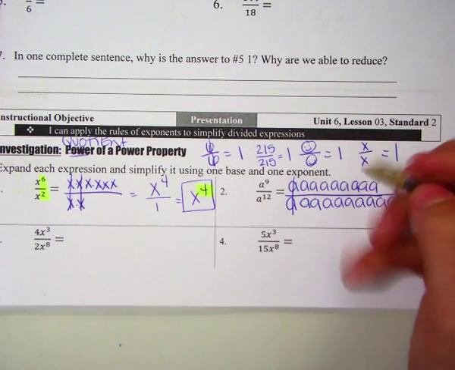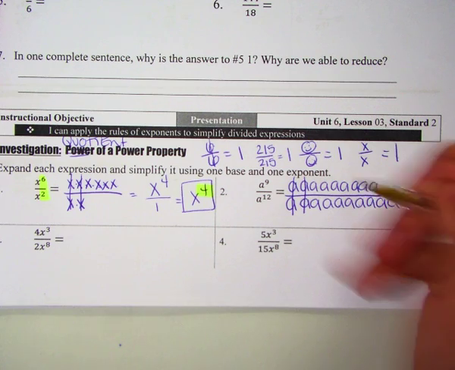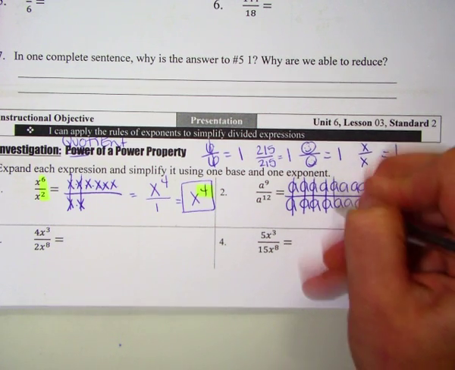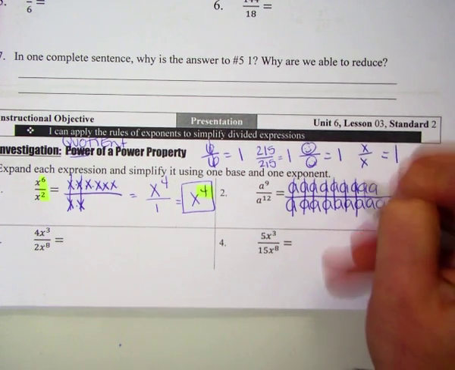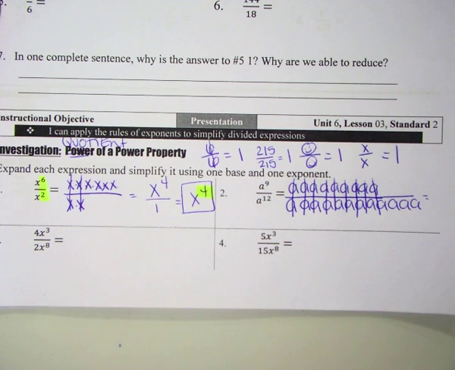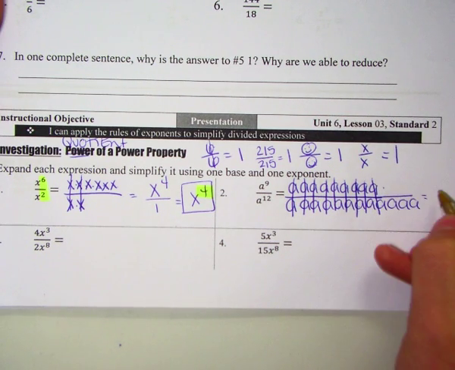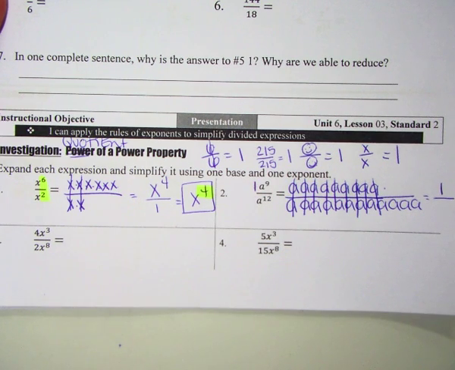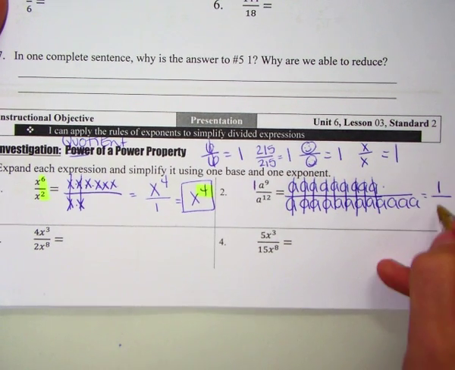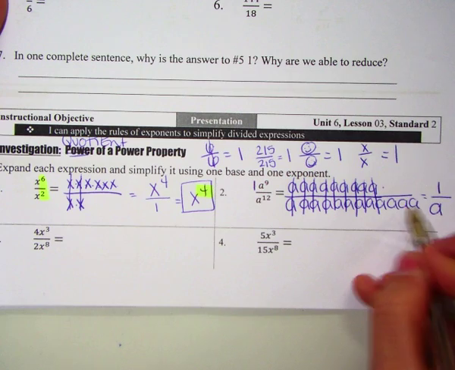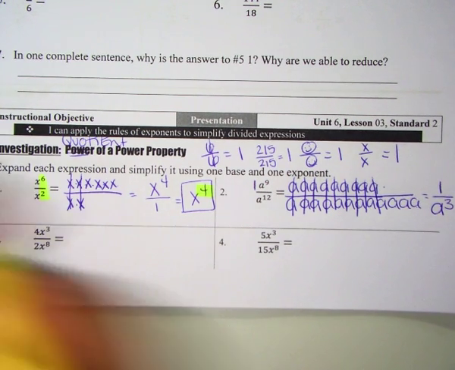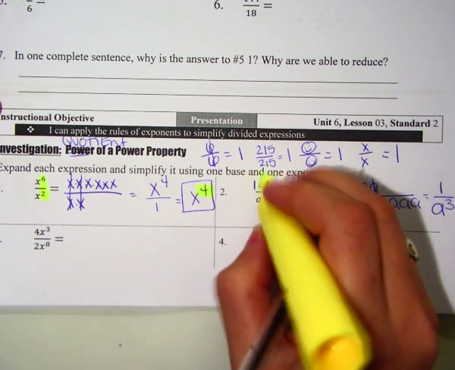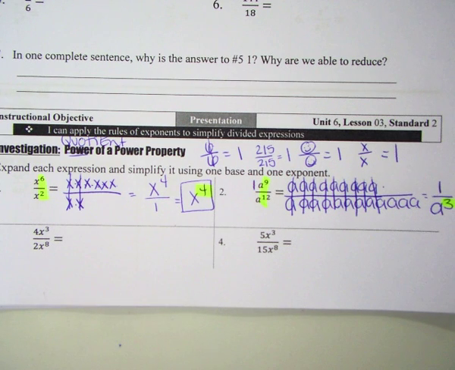So a divided by a is 1, a divided by a is 1, and so on. So we're left with just a 1 in the numerator, because remember, there is a coefficient of 1 here. And then a to the 1, 2, 3rd power. How do 9 and 12 give you 3? That's what you're paying attention to.